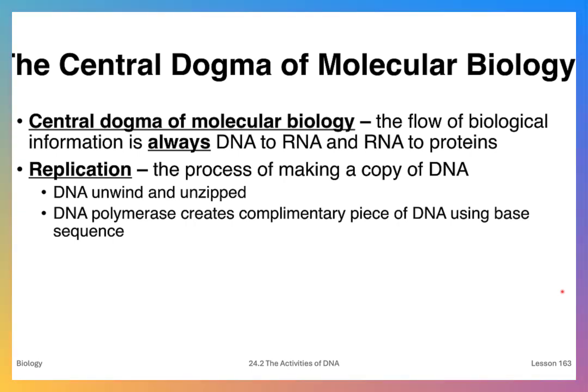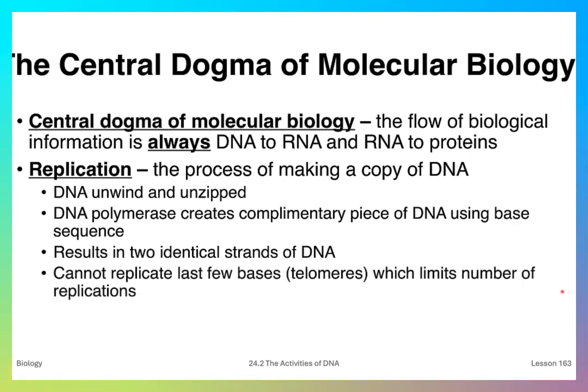It's a mirror image of the original piece of DNA. This results in the end with two identical strands of DNA, and this process occurs in the interphase of the cell cycle. We were talking about the cell cycle, mitosis and meiosis before. When DNA is replicated, it occurs during the interphase, before prophase and after telophase.